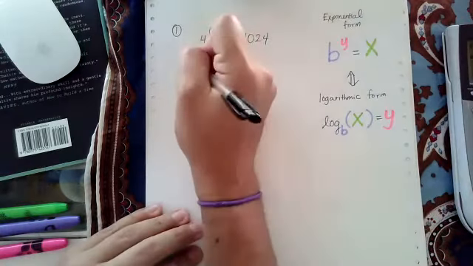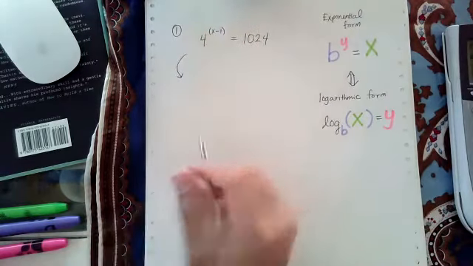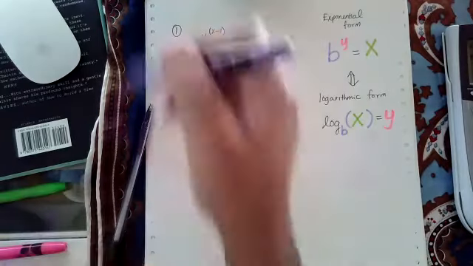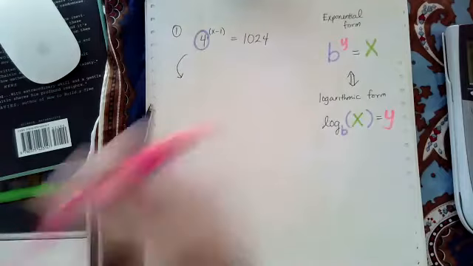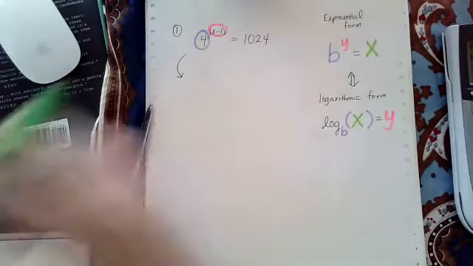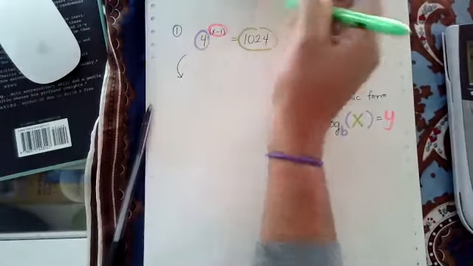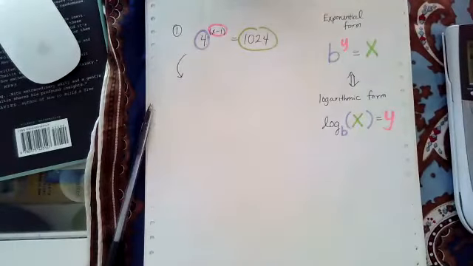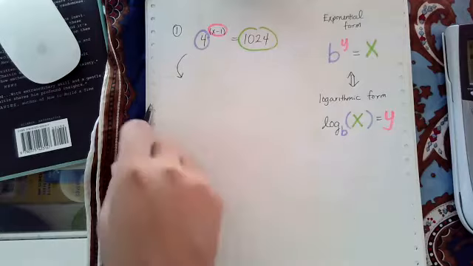So if I wanted to make that conversion here, I have to identify my base, my exponent, my argument. And so I'm trying to stay consistent with this color scheme. Okay.